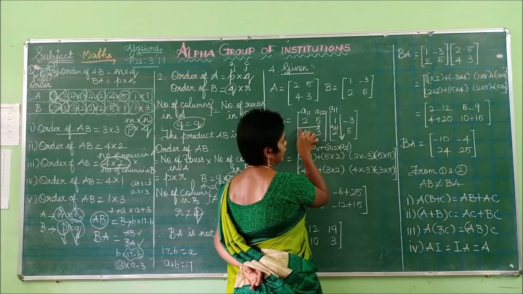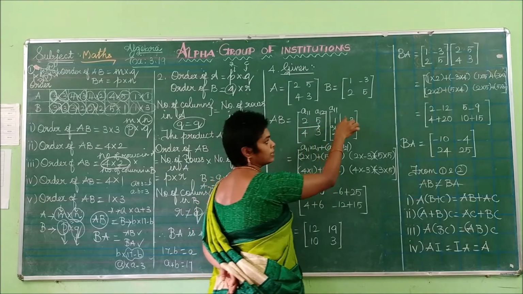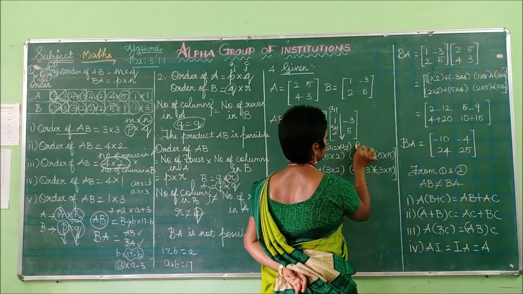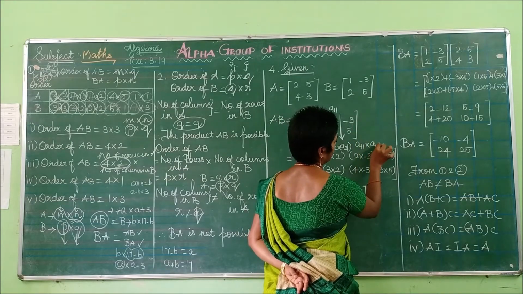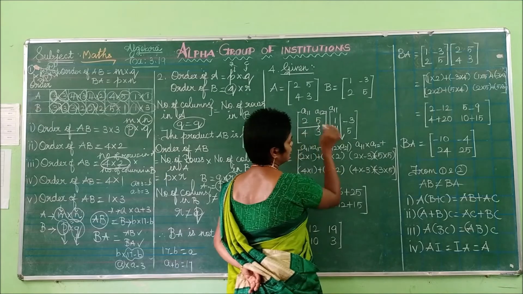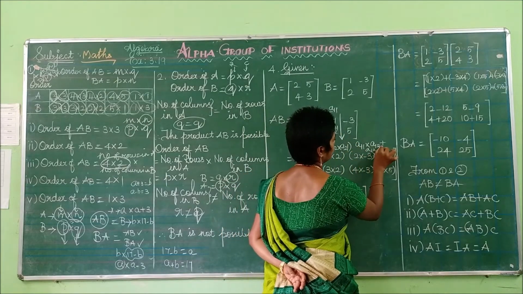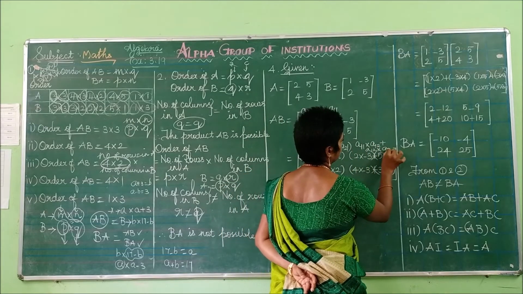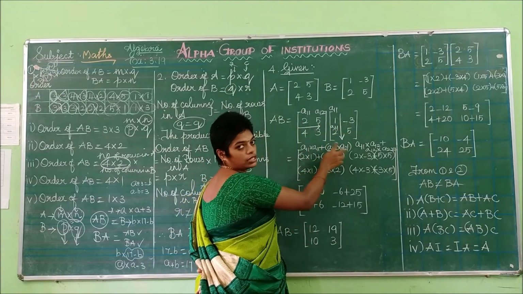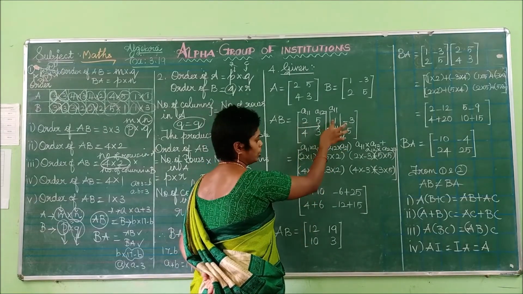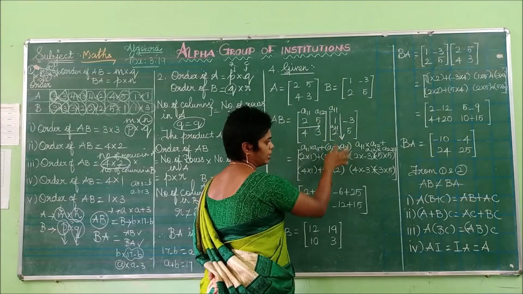Then you can take this first row and second column. Our first row is A11 into A12 plus A12 into A22. Likewise, take the first row with the first column: you have to multiply 2 into 1 plus 5 into 2.